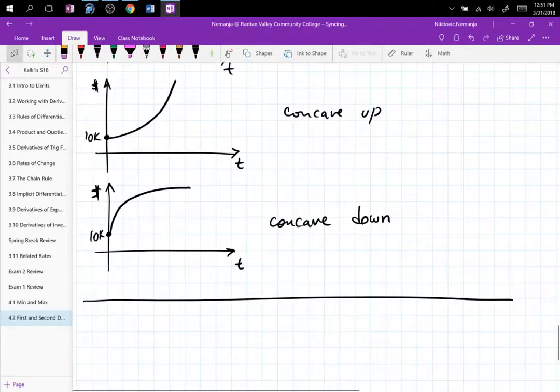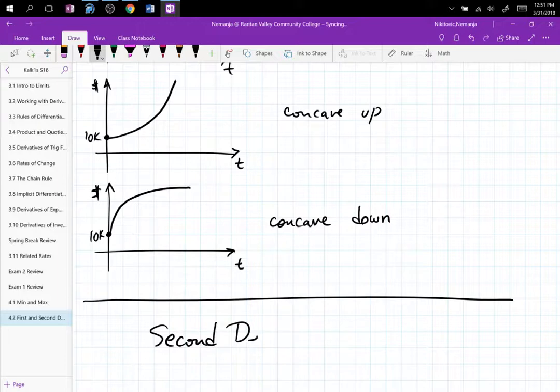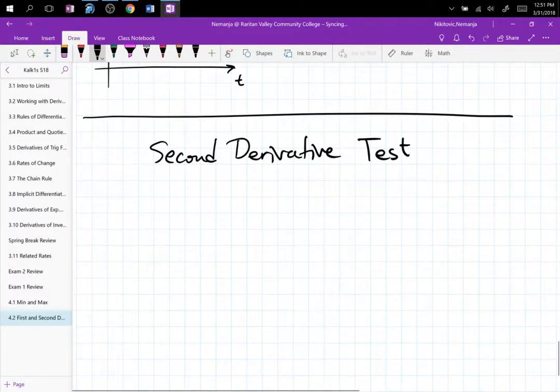Now with that knowledge, we go into the second derivative test. So what's happening now? Well, we are going to do the same thing we did so far, except now we are going to have to do that off of the second derivative.